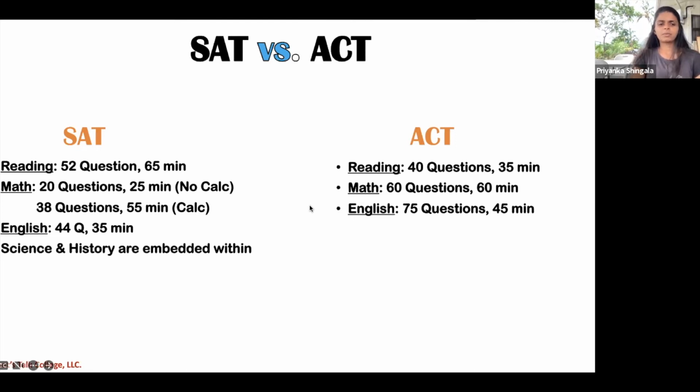Science and history are embedded within, which simply means there's no separate score. You're going to have science-based or history-based passages to read on the English and the reading, and maybe some visual-based types on the math, which will count for your science. ACT has an actual science section. It's 40 questions. This is where students tend to not do as well, but that's not because any science background is required. On the SAT, the visual-based questions were woven in.